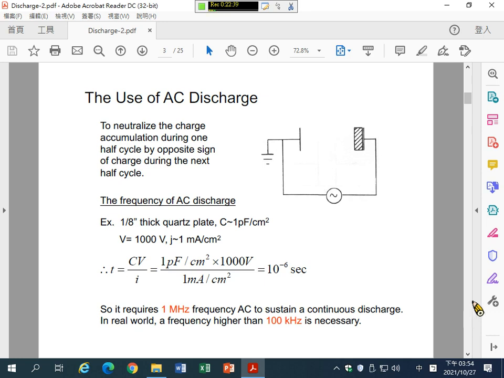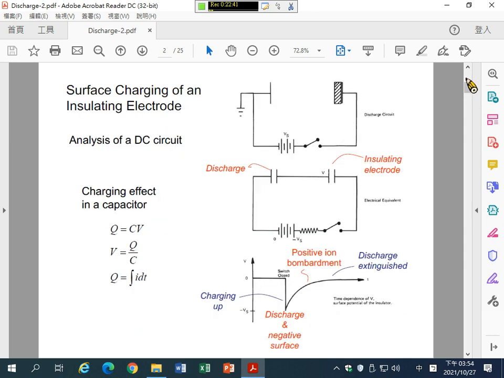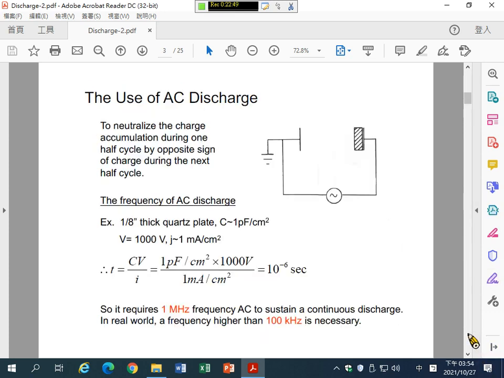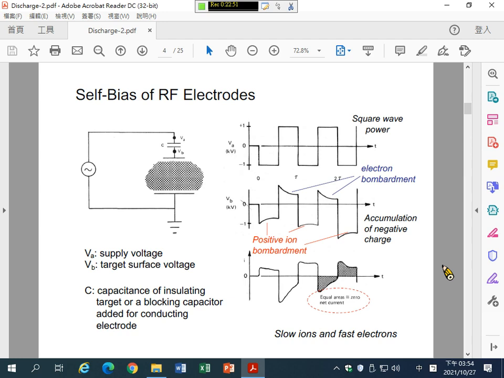In the previous slide, this symbol means the DC power supply. So if we use an RF power supply in a capacitive type discharge, we can generate continuous plasma.